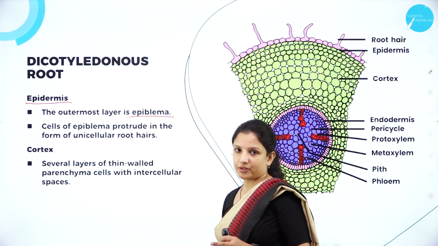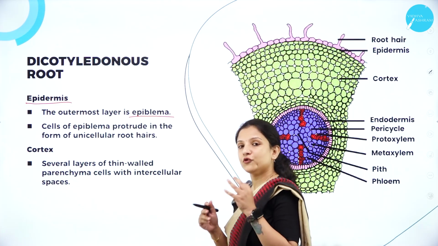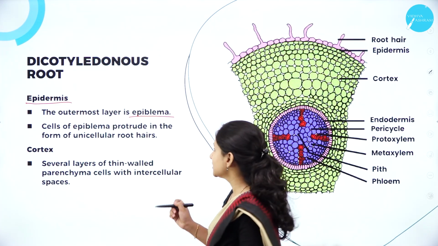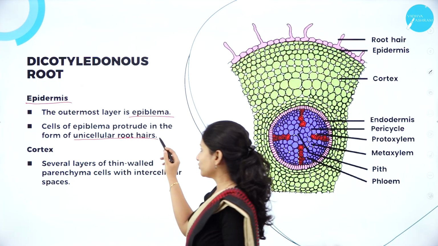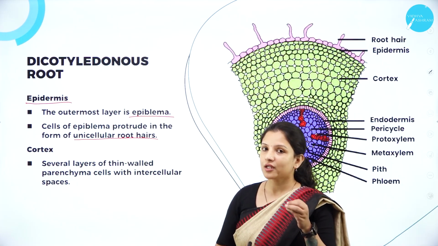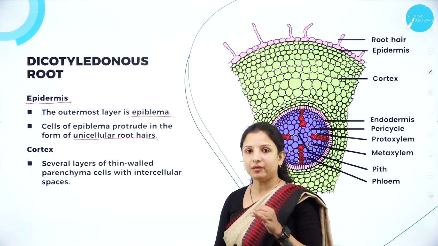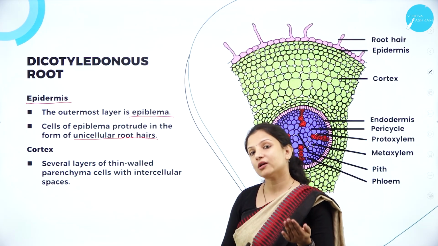And a few of the cells of the epidermis or epiblemma, not all, protrude or modify themselves to form unicellular root hairs. So the root hairs that are there are unicellular. The trichomes can be multicellular. What are trichomes?